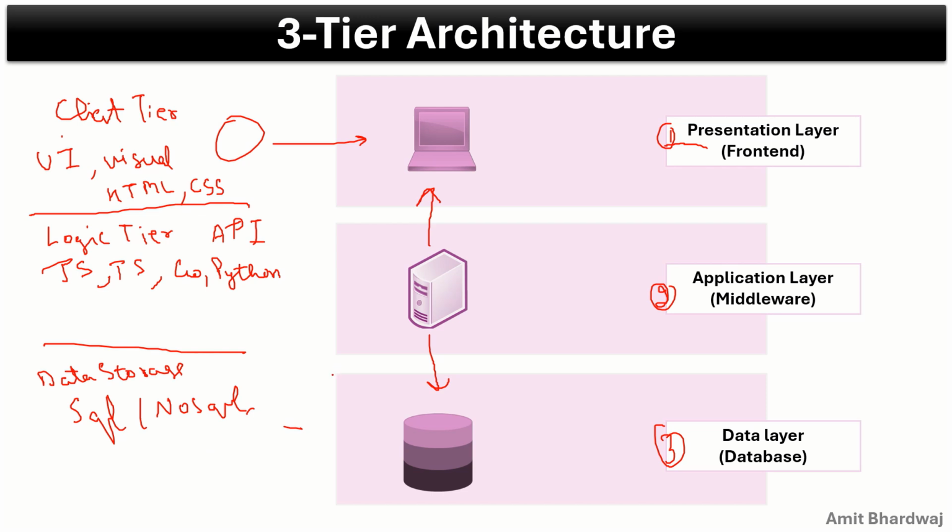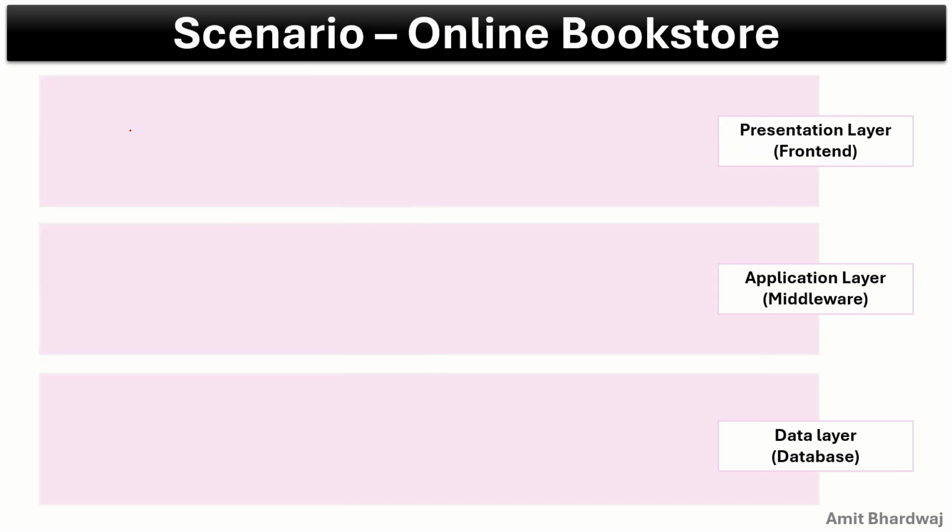Now we'll use one of the example scenarios which will further illustrate how the communication between the three layers is happening and how they interact with the outside world. In this scenario, we will take the example of an online bookstore. So we have a user who wants to access the online bookstore.